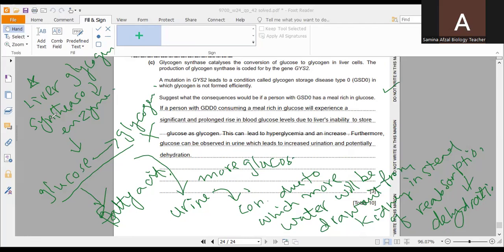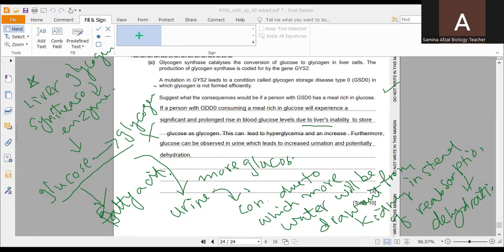A person with GSD0 consuming a meal rich in glucose will experience a significant and prolonged rise in blood glucose levels due to the liver's inability to store glucose as glycogen. The liver doesn't have the glycogen synthase enzyme, which helps to change glucose into glycogen.